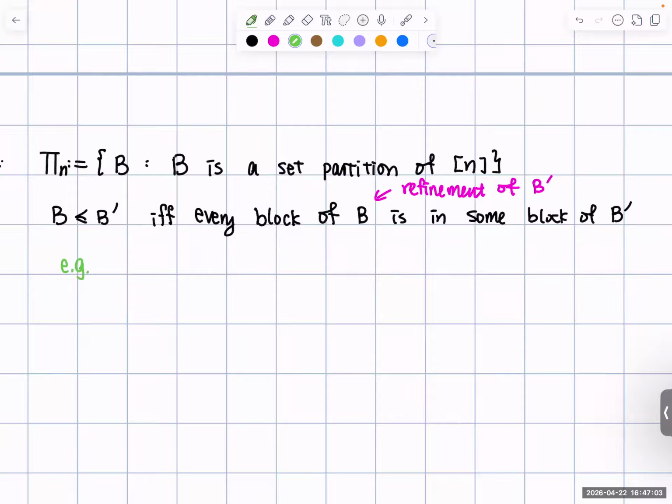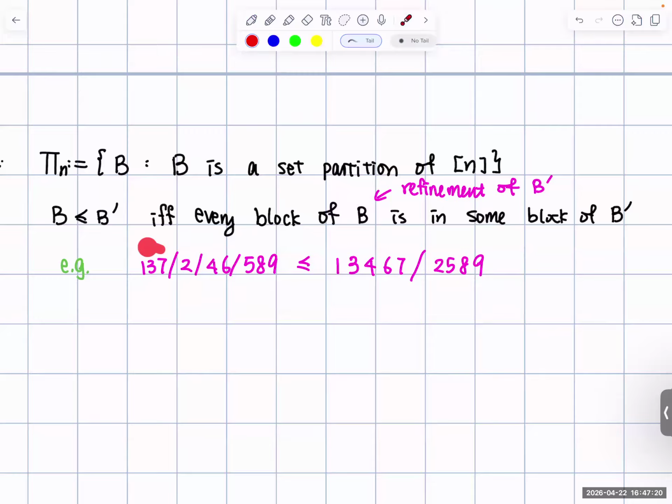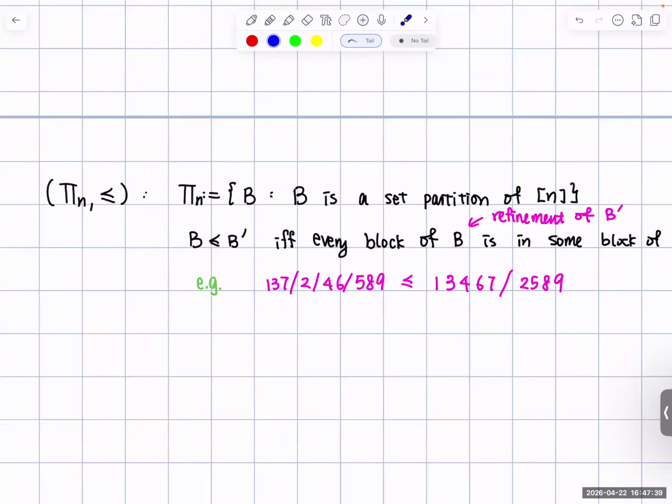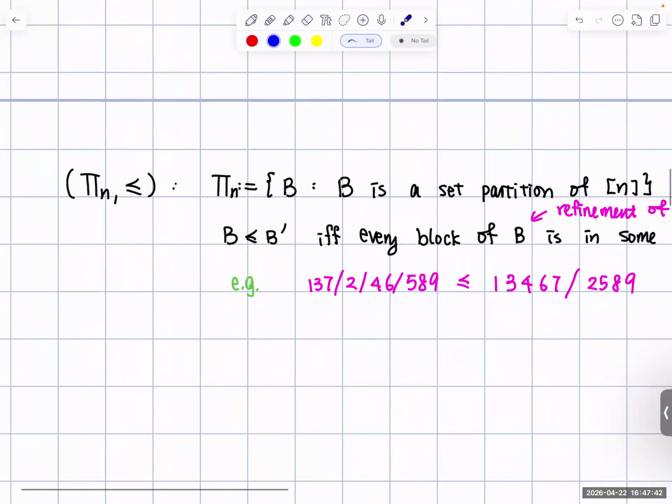For example, {1,3,7},{2},{4,6},{5,8,9} is less than {1,3,4,6,7},{2,5,8,9}. So they're blocks. You can see that 1, 3, 7 is in this block, 4, 6 is in this block, and then 2 is in this block, and this is in this block. So this is a refinement of this one, so that is the smaller one. So they are comparable in this case, and that is called a set partition.